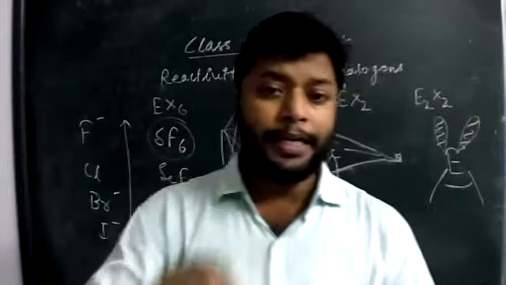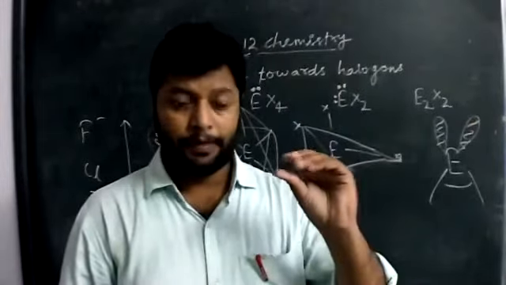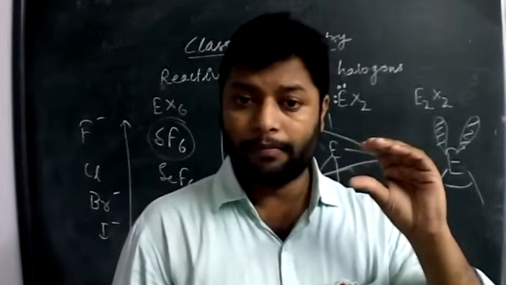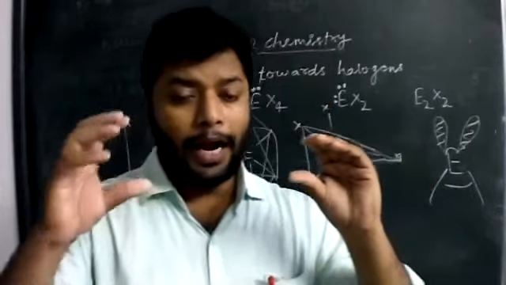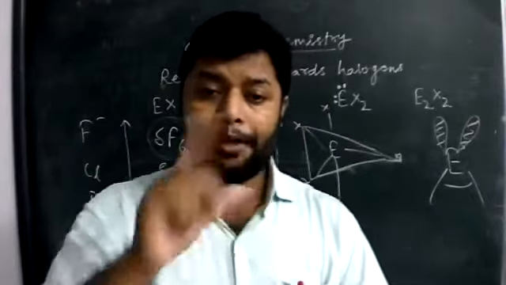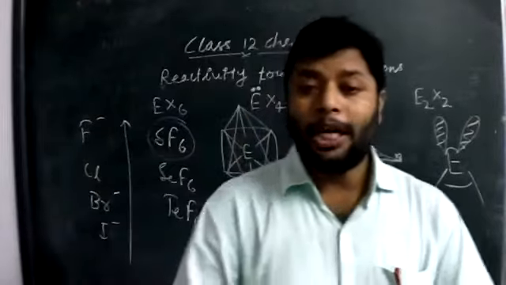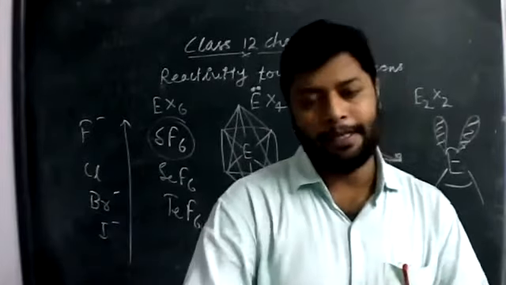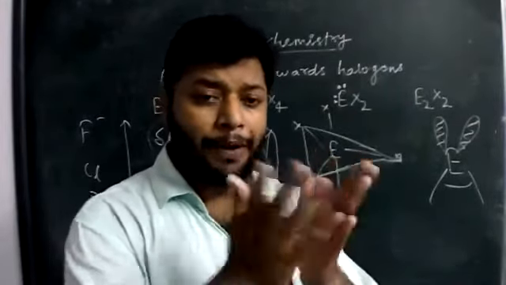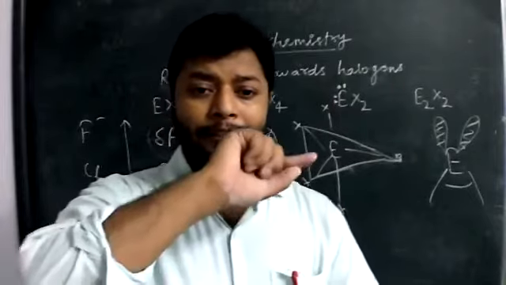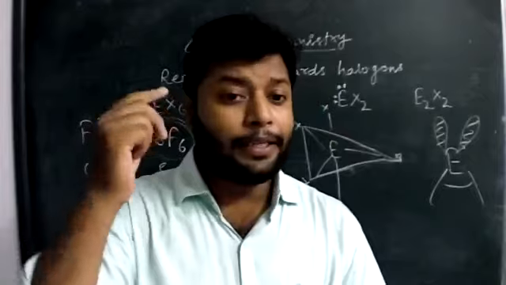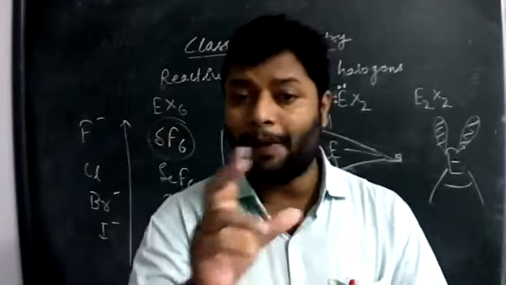The concept is that a smaller size and greater electronegativity of the element give more tendency to hybridize the orbitals of the central element. Whenever we are dealing with stability, the surrounding elements should have a smaller size and greater electronegativity for a stable bond formation.